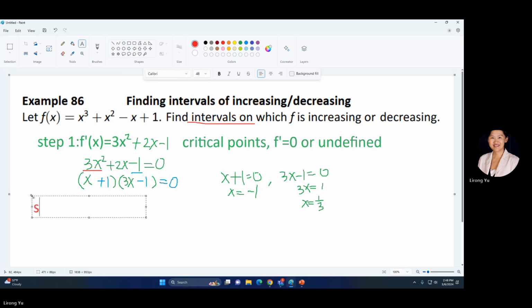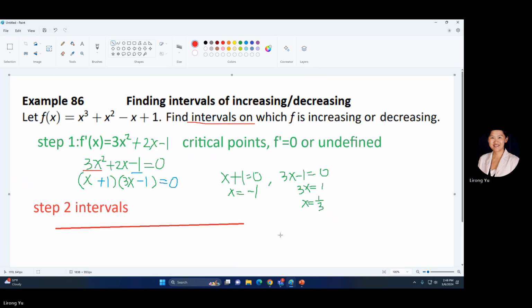So what you can do is draw the entire number line, kind of like the x-axis. On the left is smaller, it's negative infinity. On the right is positive infinity.